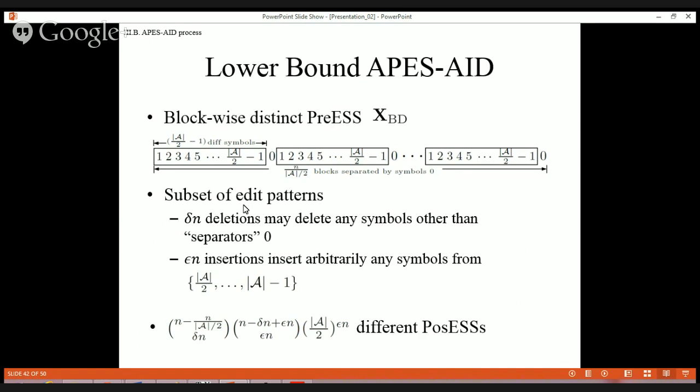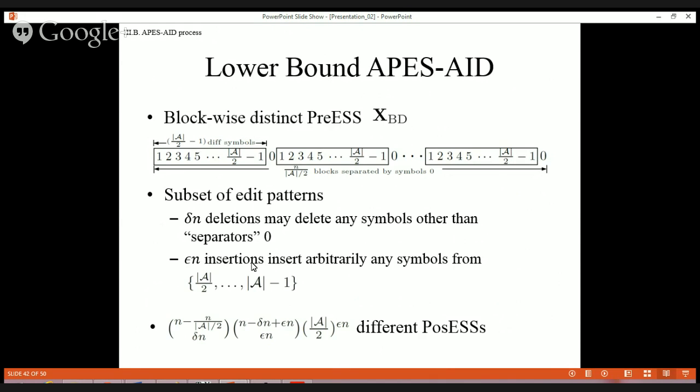The corresponding subset of edit patterns to get different post-edit sequences is as follows. All the deletions occur before the insertions. The delta n deletions may delete any symbols in the sequence other than the separators.